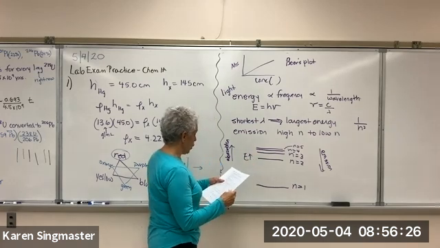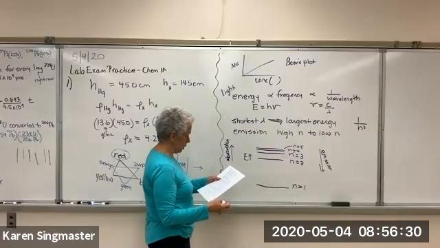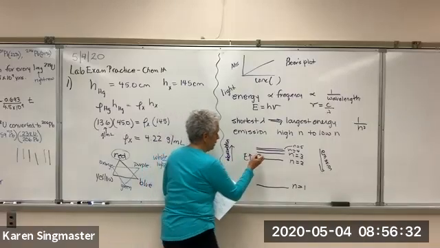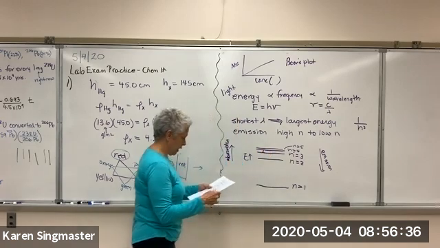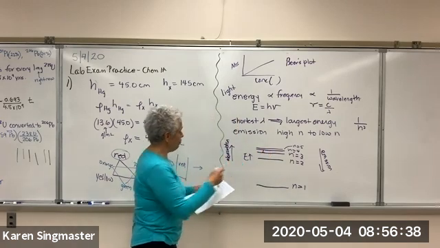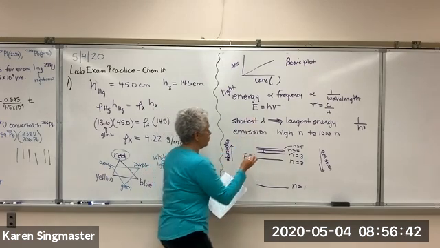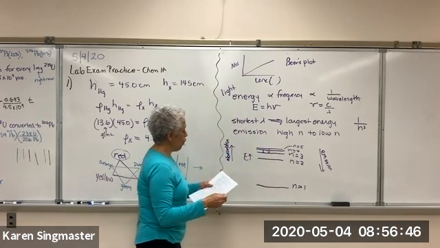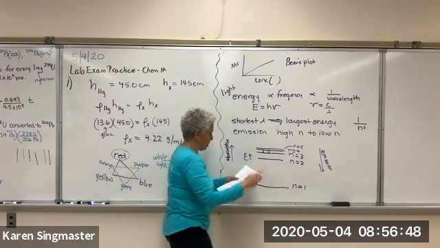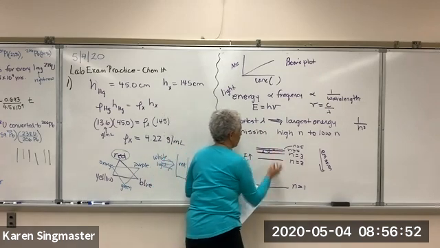So 3 to 4 is an absorption, so it's not good. 4 to 3 would be this. Right? Okay, that's one of them. 3 to 5 is going up, so it's not an emission. 5 to 3 is that one. Okay? 4 to 5 is going up, so that's not an emission. 5 to 4 is that one, right?